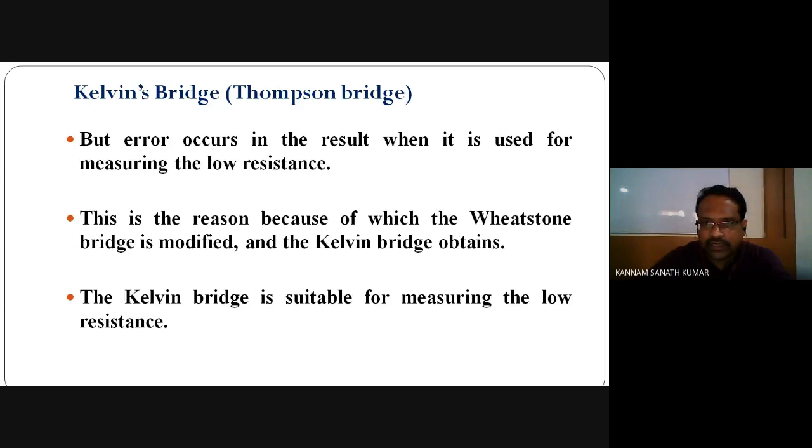That's the reason the modified version of the Wheatstone bridge, the Kelvin bridge, is used. In order to avoid the errors during the measurement of low resistance, we use this Kelvin bridge.